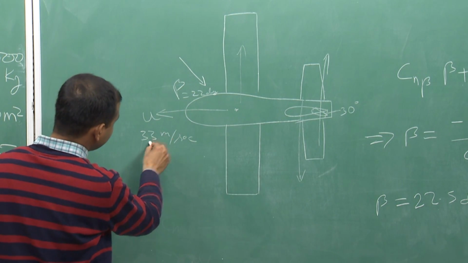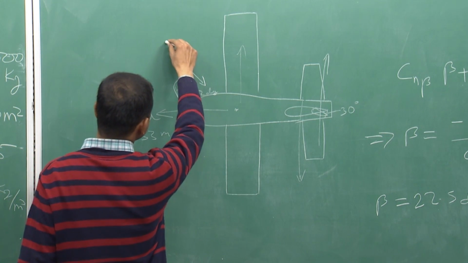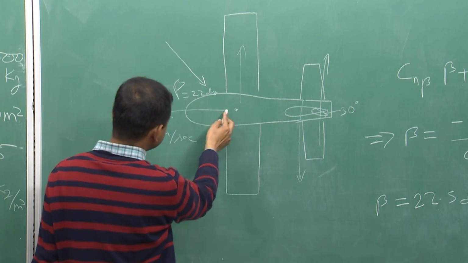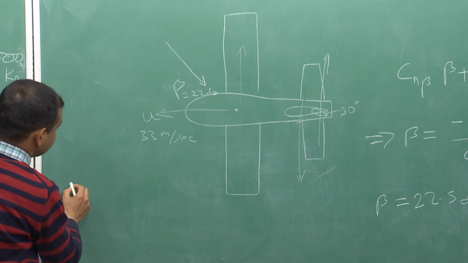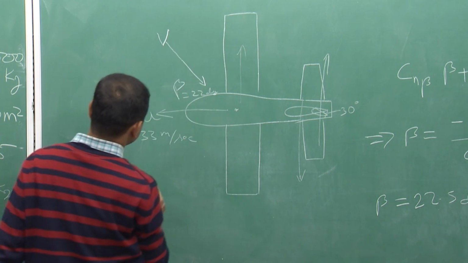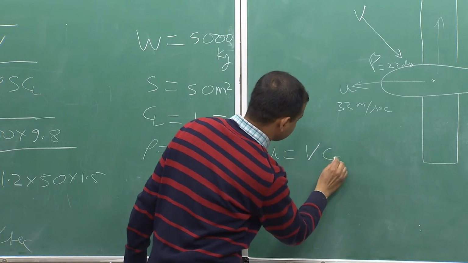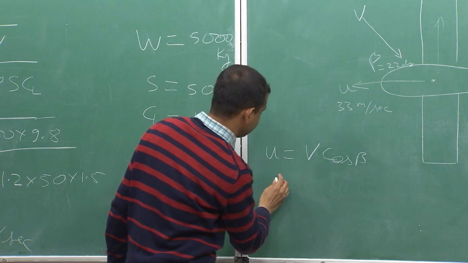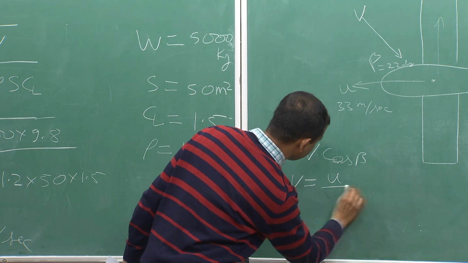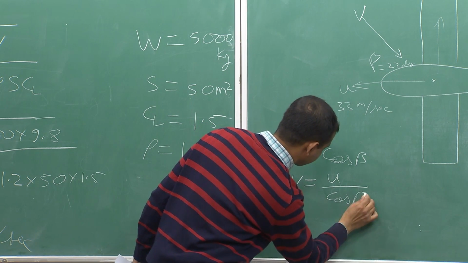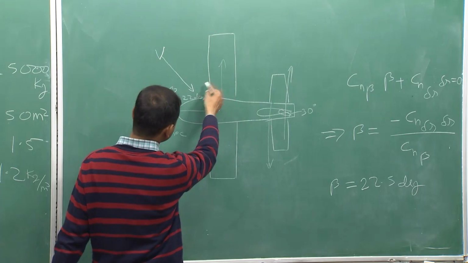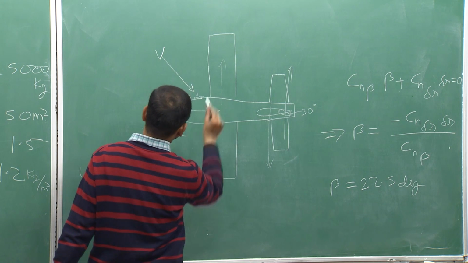From this u and this beta, I can find the resultant velocity of the crosswind and this forward speed, and we know this u, if I write this with the capital V, so u is V cos of beta, and from here V is u by cos beta, and the maximum crosswind speed will be V sin beta.